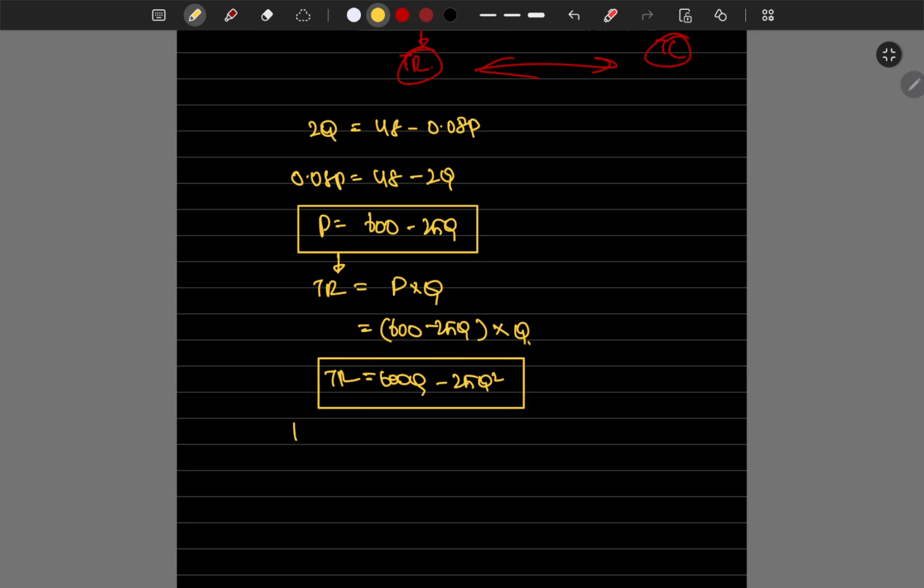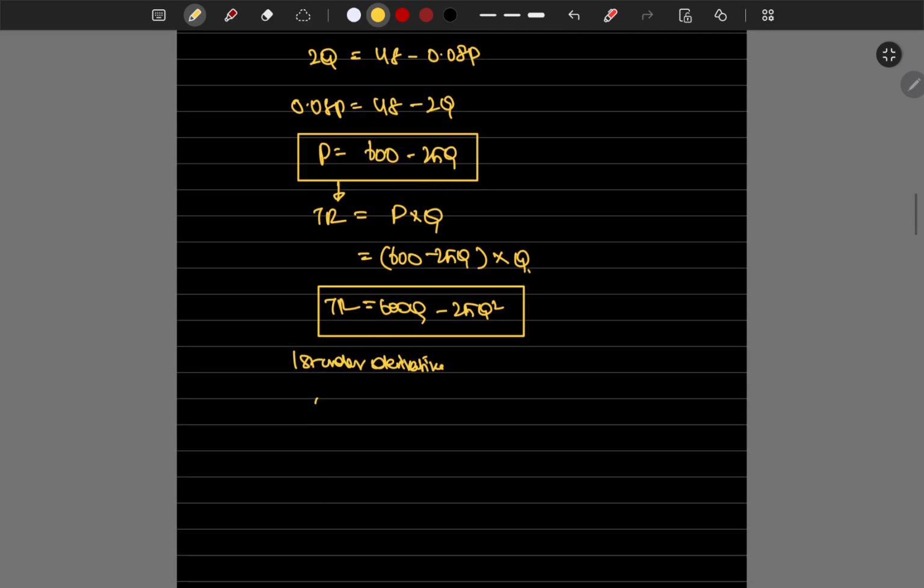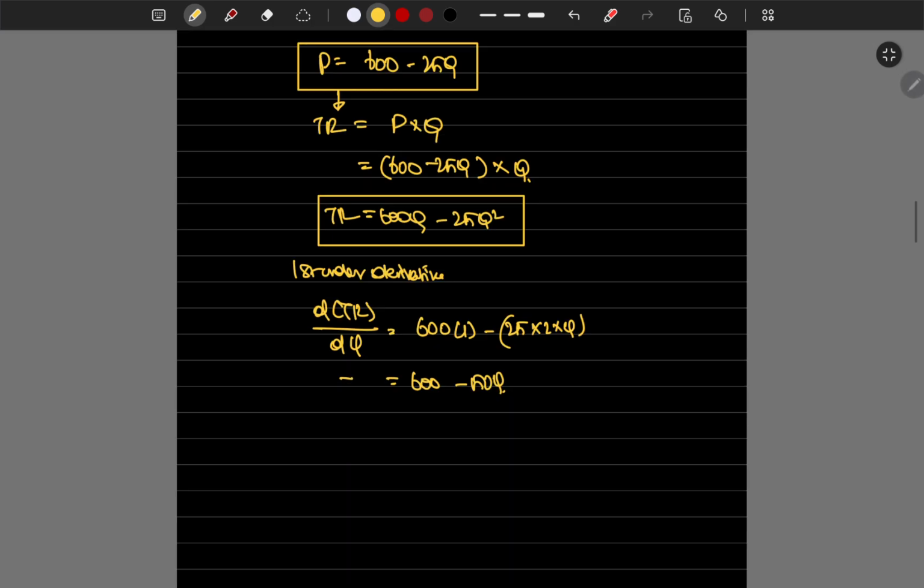Now we have to do the first order derivative of the total revenue: d of TR divided by d of Q. So 600 into 1 minus 25 into 2 into Q. So it becomes 600 minus 50q, right? Yes. This is MR. Once the derivation is done, it becomes marginal revenue.